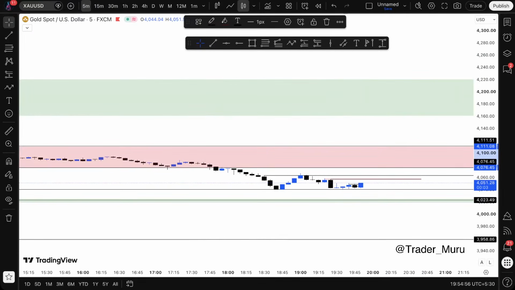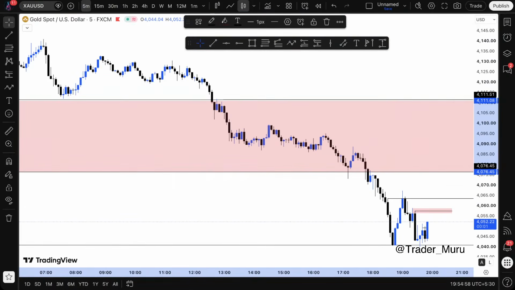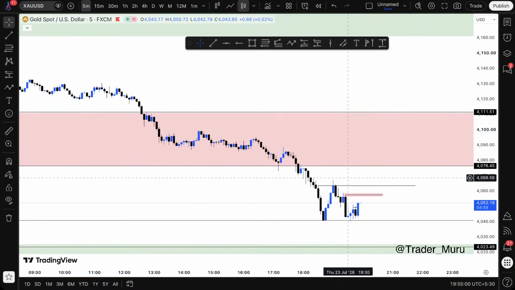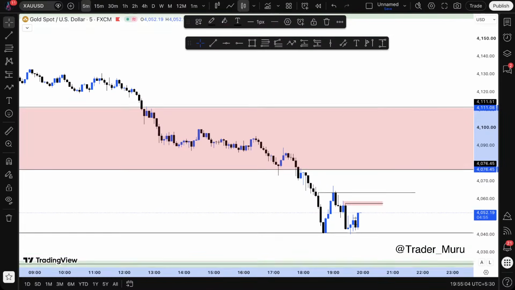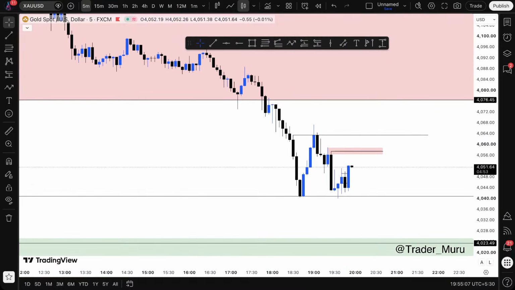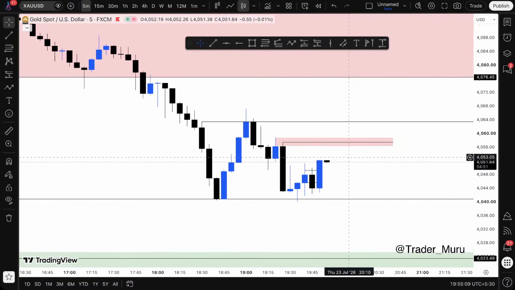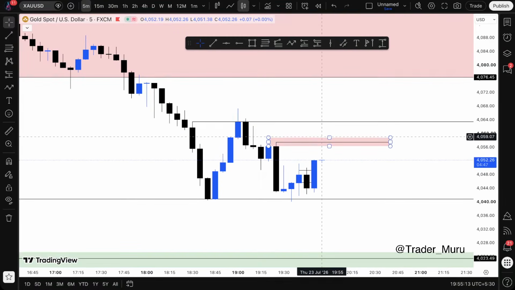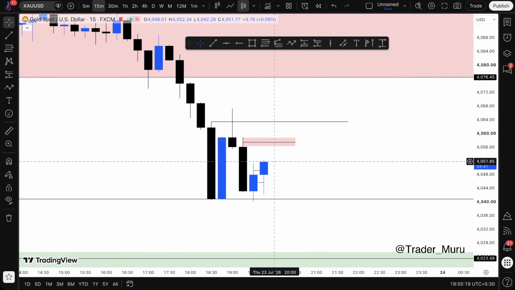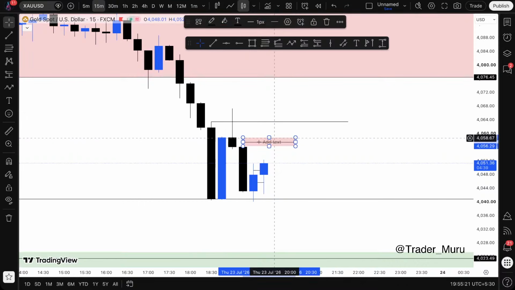Where is price? Wait for this high sweep now. Sweep and close below. What we need? 15 minute, same area.